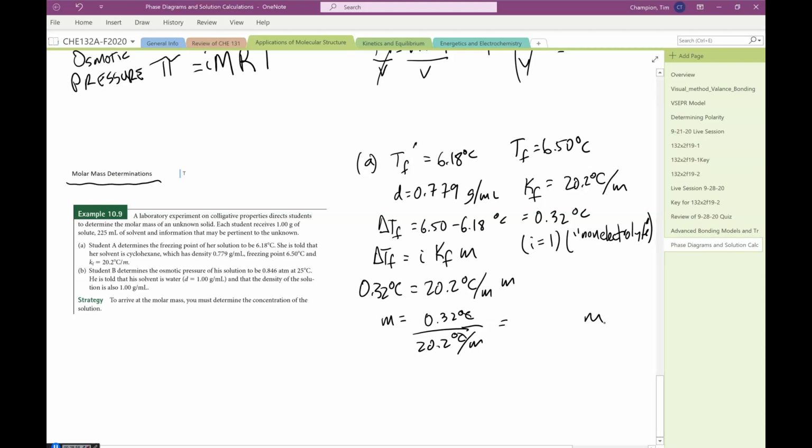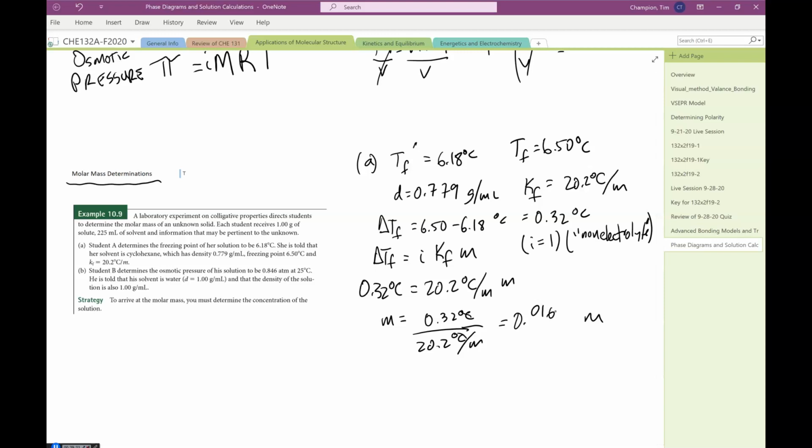If I divided 0.32 by 10, it'd be 0.03, so I'm thinking something around 0.015 maybe. And I got 0.016. I'm going to carry all the rest of it. It's really 0.01584, and so on. I'm going to carry the rest of those in my calculator, but that's the molality.